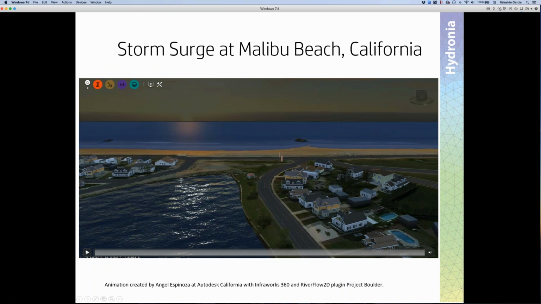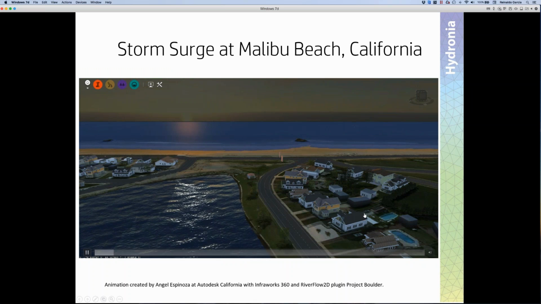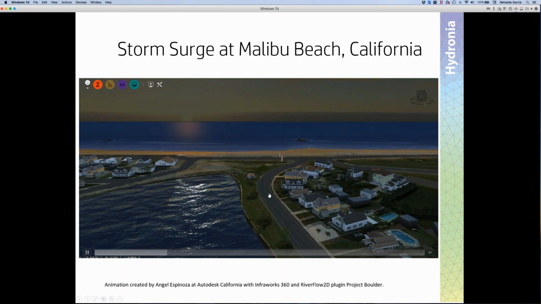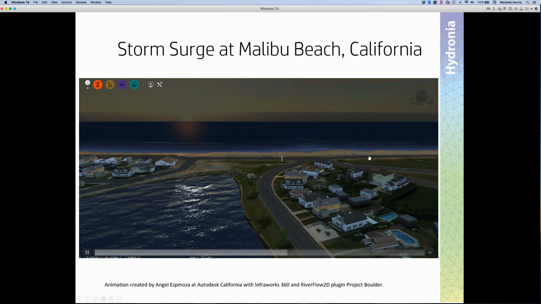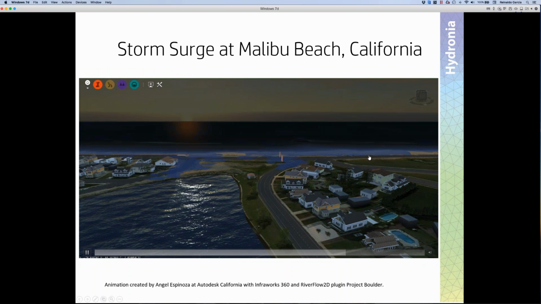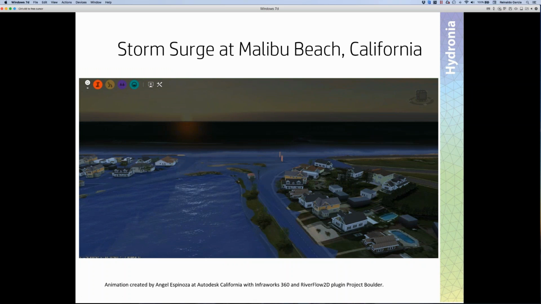This is a different application also provided by Angel Espinosa at Autodesk. But you have all kinds of tools to create these realistic effects there in addition. But the numerical engine underneath all these simulations is the Riverflow 2D model, the same model that is available as a full version as well.